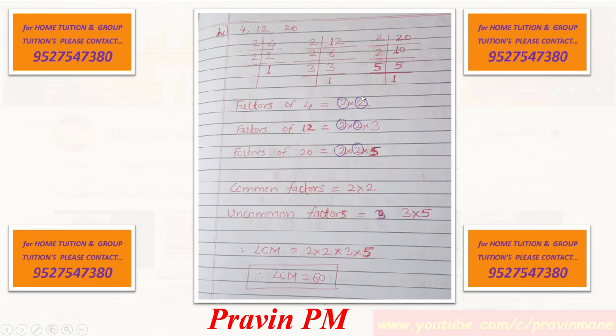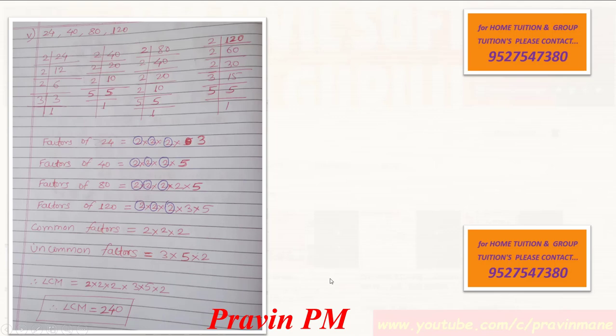So here 2 into 2. Uncommons are only 3 and 5. Then LCM is equal to multiplication of common factors as well as uncommon factors. That is 60.